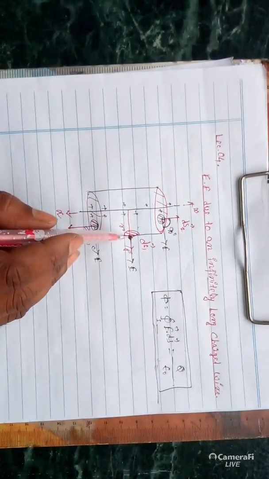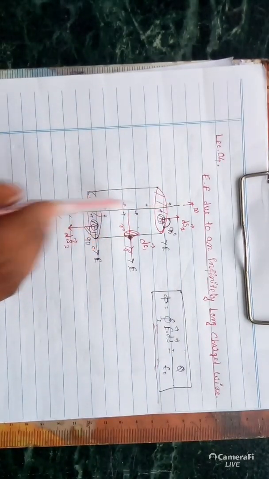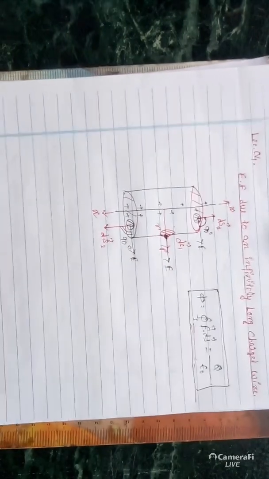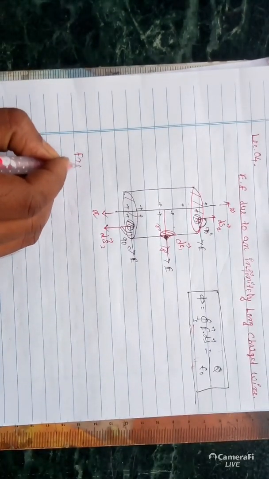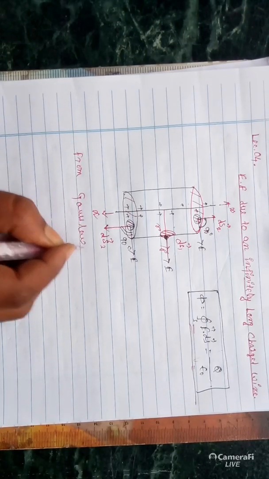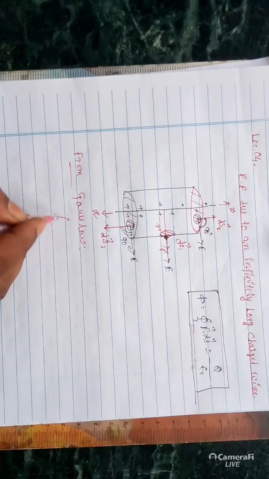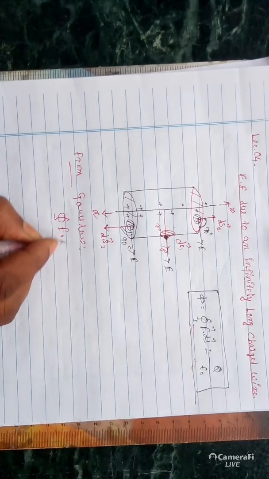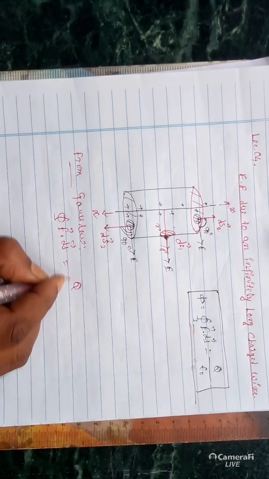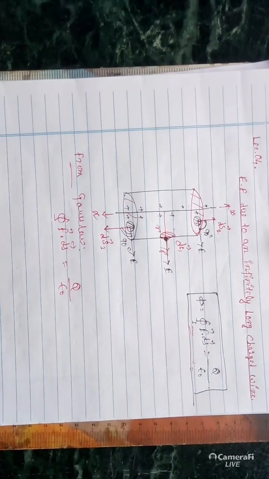To calculate the electric field at a distance r due to an infinitely long charged wire, you have to consider an imaginary cylindrical Gaussian surface. Now, using Gauss law, what can you write? Closed integral E dot ds is equal to the total charge inside the surface divided by free space permittivity.